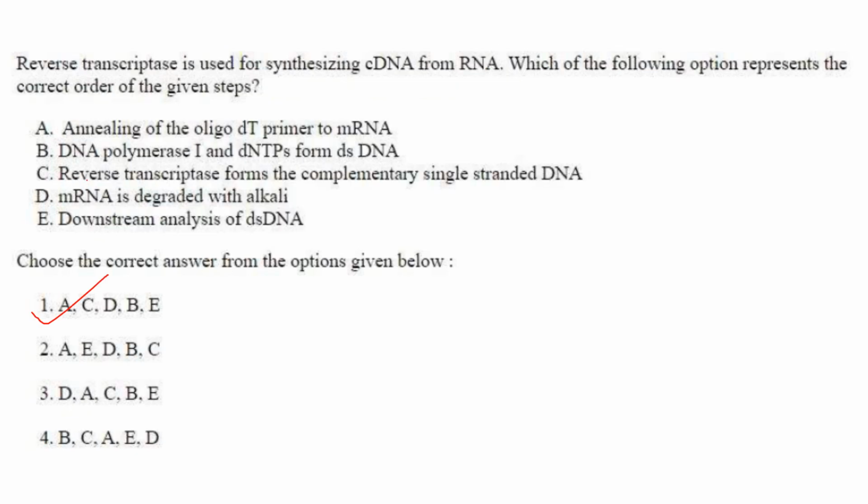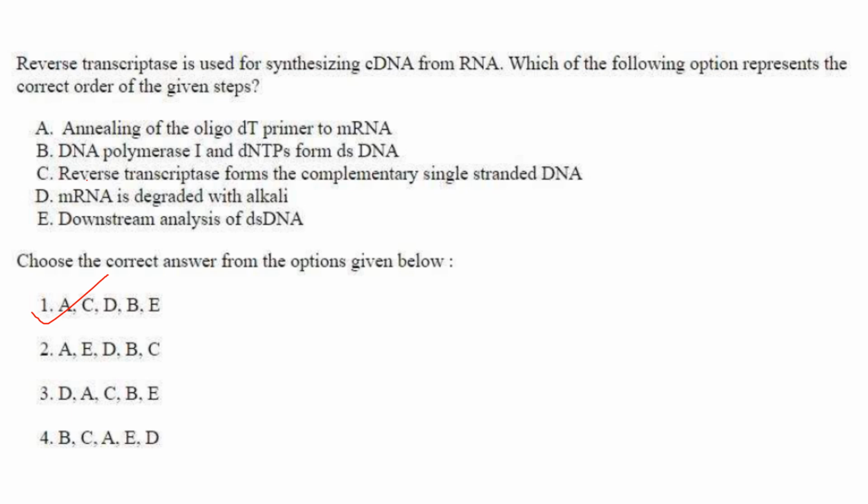Then next one. Reverse transcriptase is used for synthesizing cDNA from RNA. Which of the following options represent the correct order of the given steps? Annealing of the oligo-dT primer to mRNA, DNA polymerase 1 and dNTPs form double-stranded DNA, reverse transcriptase forms complementary single-stranded DNA, mRNA is degraded with alkali, downstream analysis of double-stranded DNA.